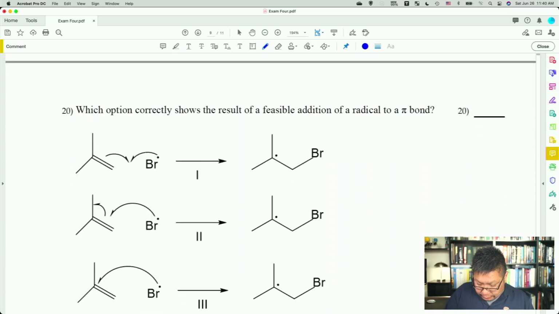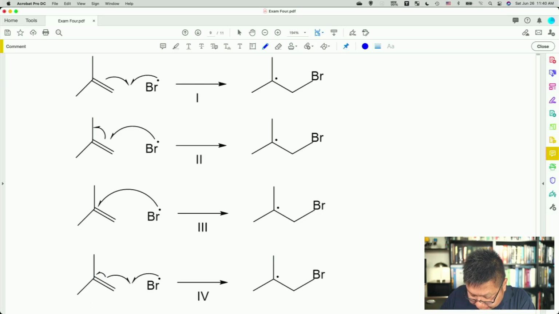Next, which option shows the result of a feasible addition of a radical to a pi bond, right? If you recall, when you're working with radicals, you always have to have 3 arrows, and those 3 arrows have to be single barbed arrows or fishhook arrows, right? That's only 2 arrows, so that's wrong.